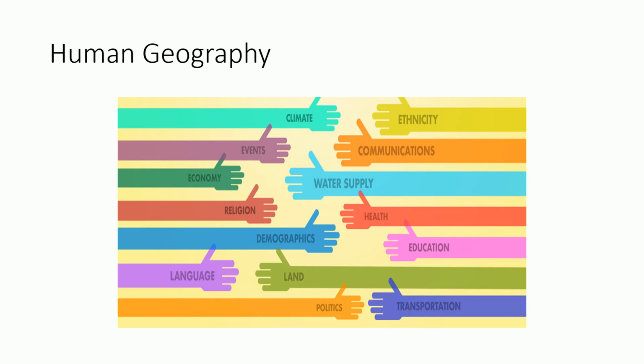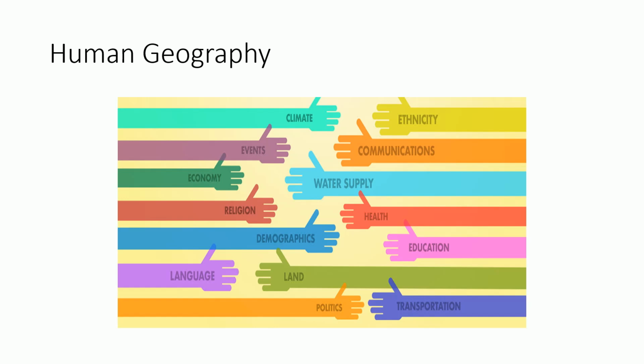And what makes human geography unique or interesting is that human geography is not confined to any particular political boundary. So, for example, the people of Scandinavia, the people of Norway, Sweden, Denmark, Iceland, they all have similar cultural things that make them all part of the same cultural ethnic group, but they all live within different political boundaries.